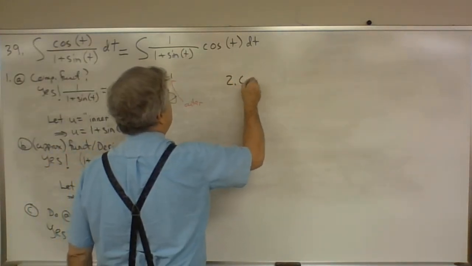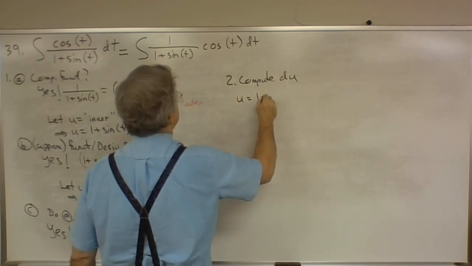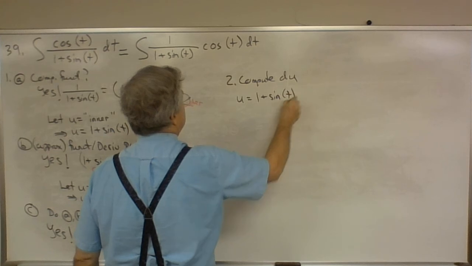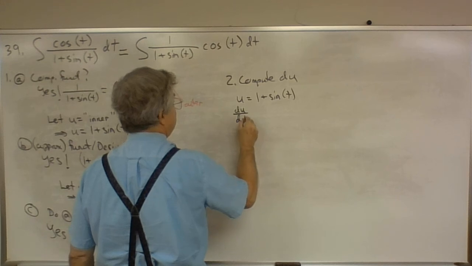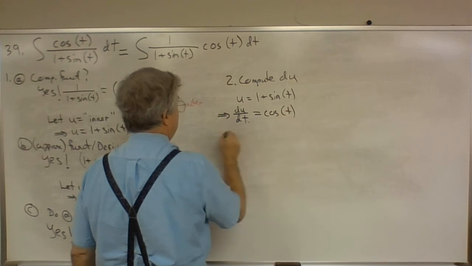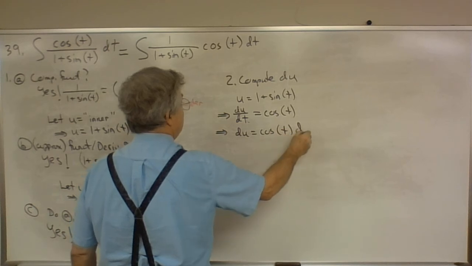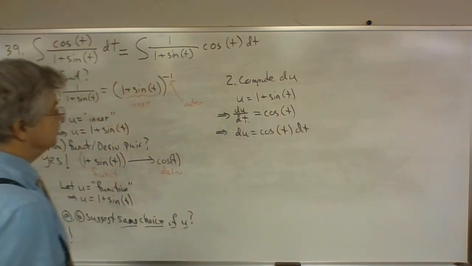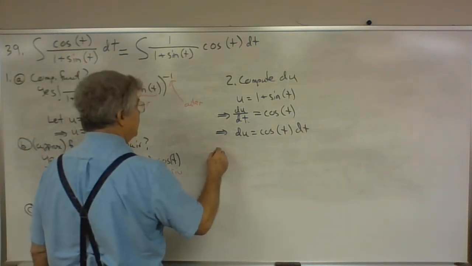To compute du. u equals 1 plus sine of t. du dt is cosine of t, and du is cosine of t dt. And for my next step, I guess I'm going to analyze in terms of u and du.